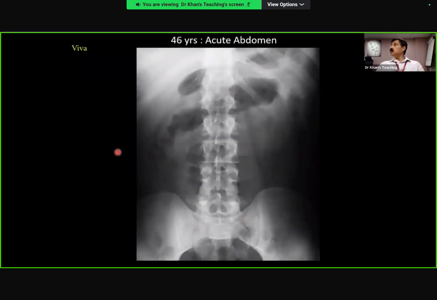Okay, so with this background, candidate 1, your film. The patient has an acute abdomen presentation. Over to you, please. This is a frontal radiograph of an adult patient.